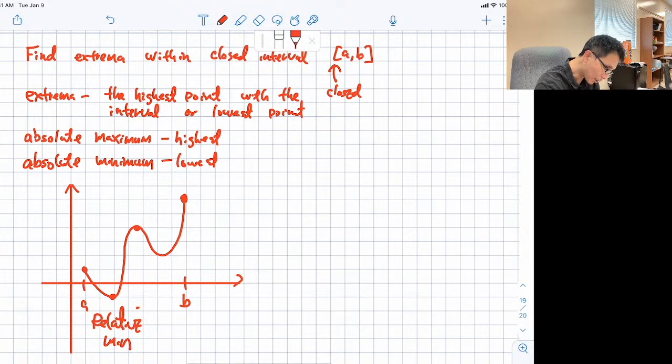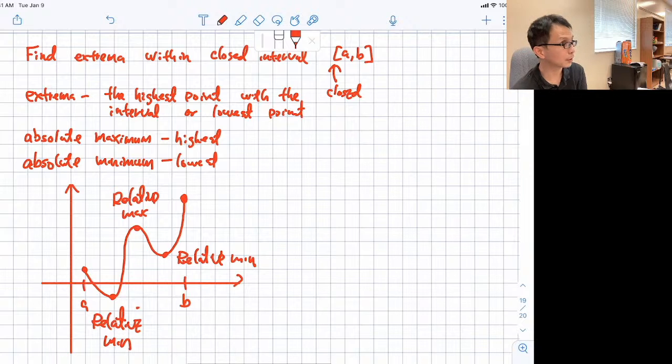And this point is called a relative max, and relative min. Hopefully you guys are okay with it.